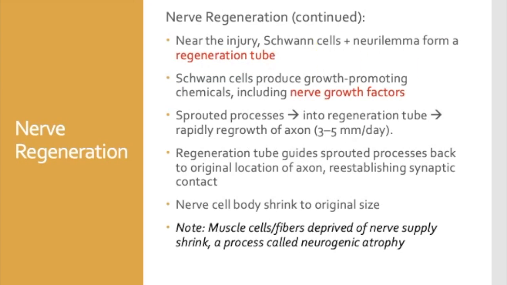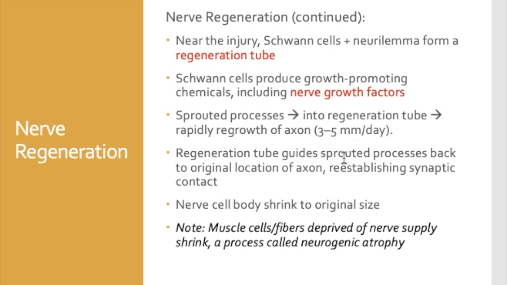The regeneration tube is going to basically direct the regrowth of the axon. Remember, axons can regrow, but they only regrow slowly, about 3 to 5 millimeters per day. That regeneration tube guides those sprouted processes back to the original location where that axon originally traveled, reestablishing synaptic contact.